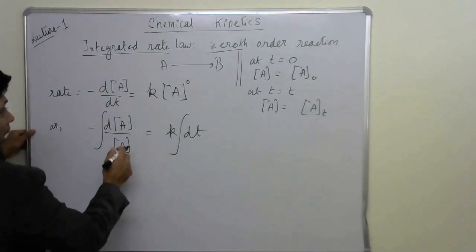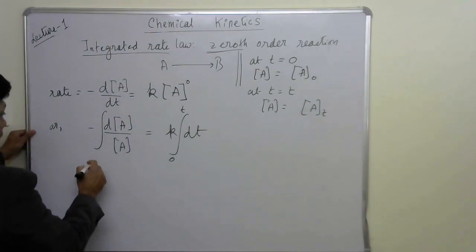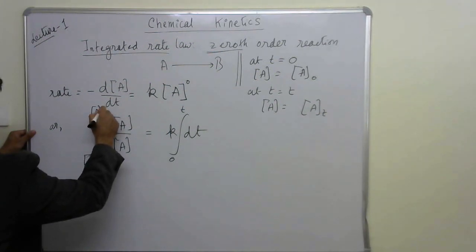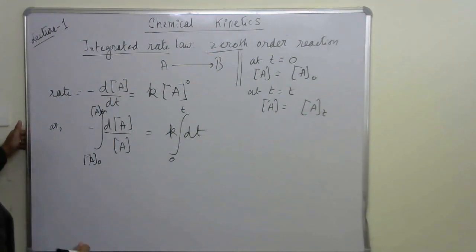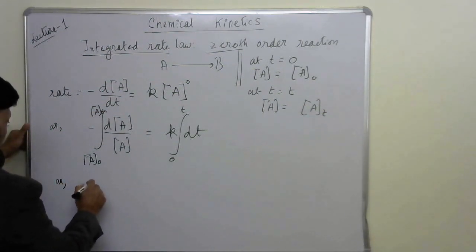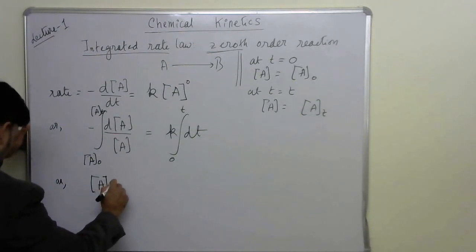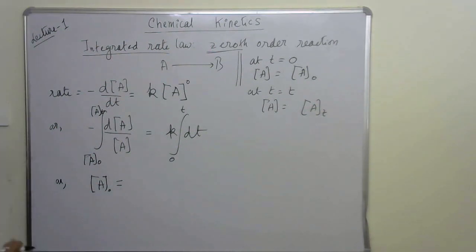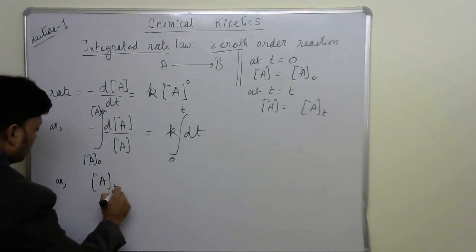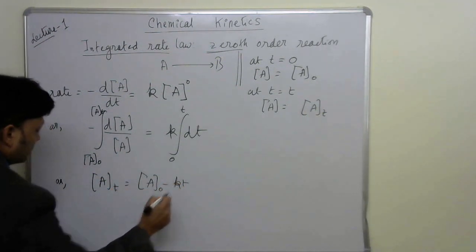So the limits for t was 0 to t, and for this we have A naught to A t over here. Okay, so if we integrate that, finally our value should come as A t is equal to A naught minus kt.